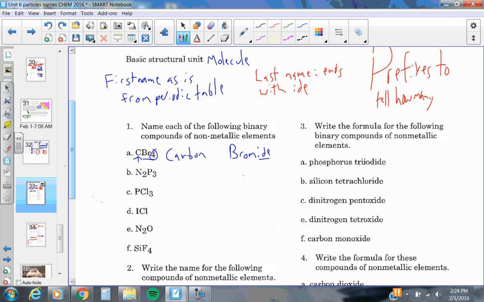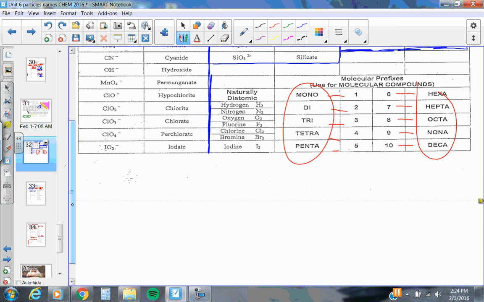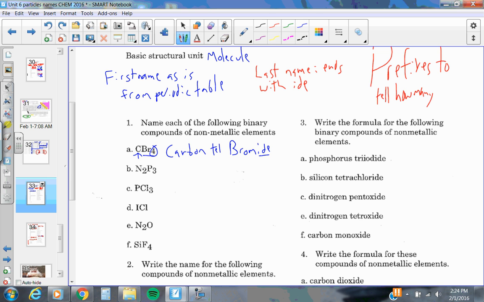So we have to find the prefix for 4, which is tetra: carbon tetrabromide. Now here's something interesting. You might have said, well, there's one of those. Shouldn't that have been mono? Strange as it may seem, if the first thing there's only one of, you don't put mono. So we'll come back to some more of those later.